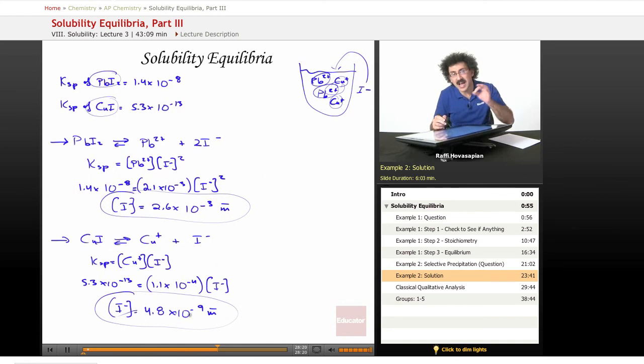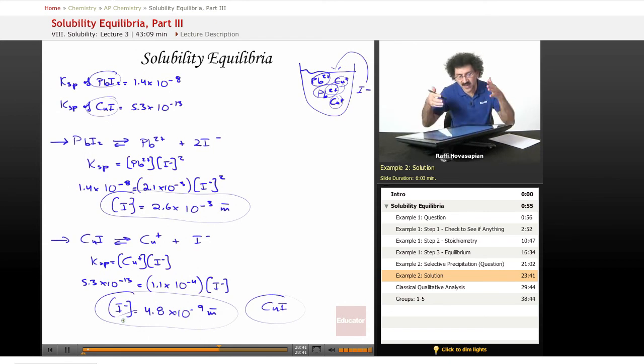If I keep adding iodide, when the iodide concentration reaches 2.6 times 10 to the negative 3 molarity, at that point, the lead iodide will start to precipitate. So, in this particular case, CuI, copper iodide, will precipitate first.